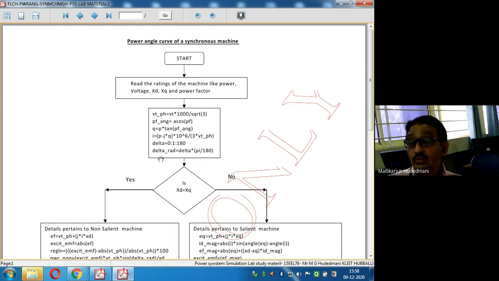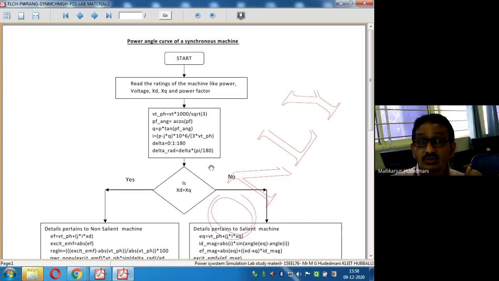Now I convert it to radian. So delta underscore radian, what should I do? Whatever value I get each time, I multiply it by pi by 180. I will be getting it as conversion. So delta 0 to 180 degree will get converted to radian. That radian data I will be using in the expression.